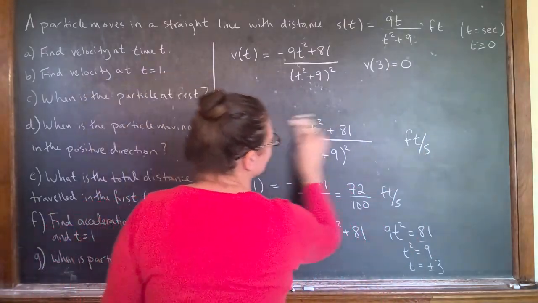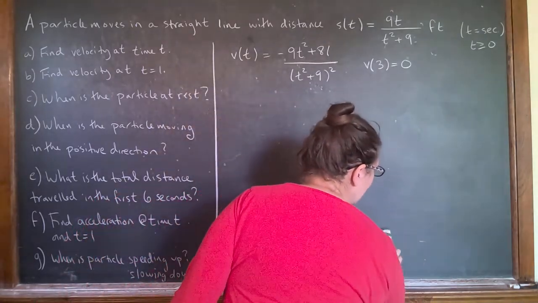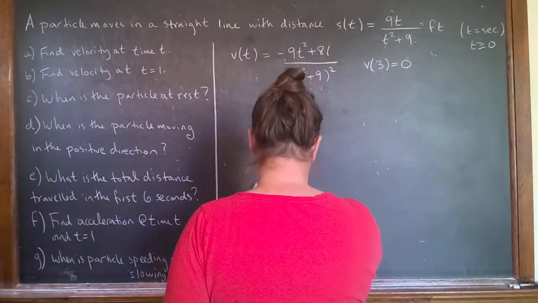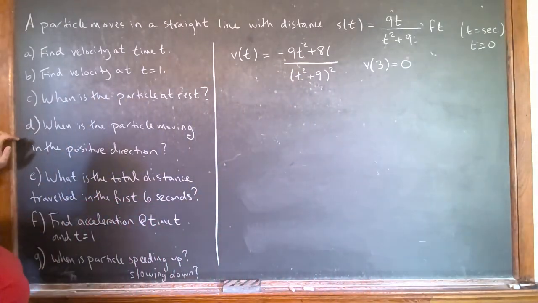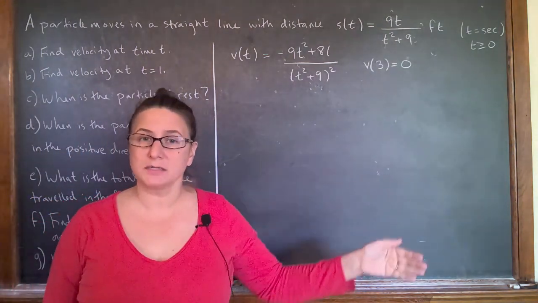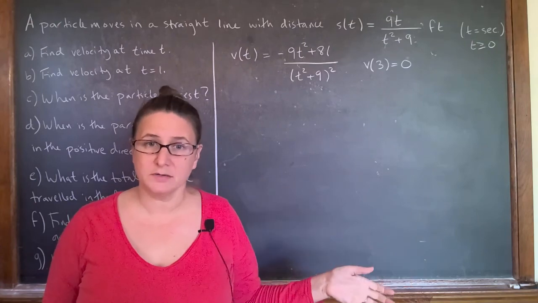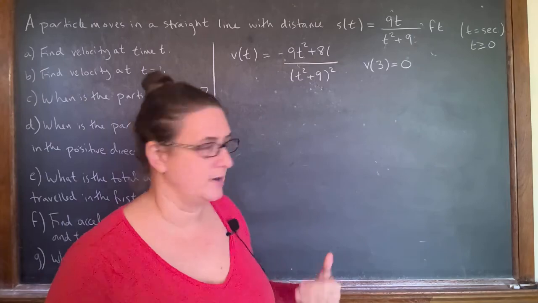Get rid of the rest of this. Why do I need that information that it's at rest at 3? The next part of the question asks, when is the particle moving in the positive direction? If you remember what this means, if the velocity is positive, it's moving in the positive direction. If the velocity is negative, the particle is moving in the negative direction.